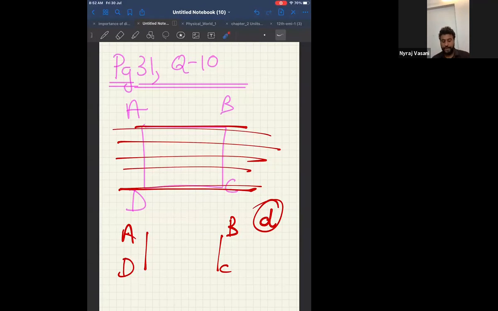Question number 31 on the next page, page 33, start solving.